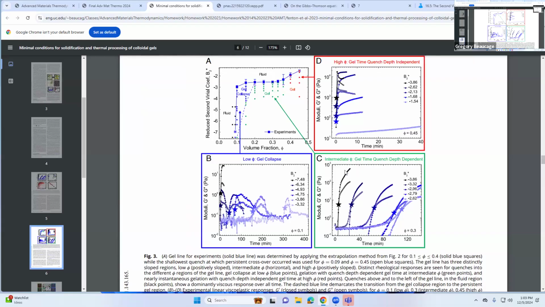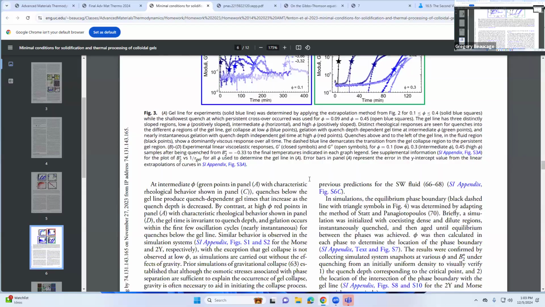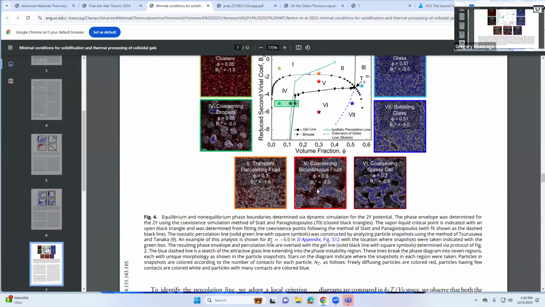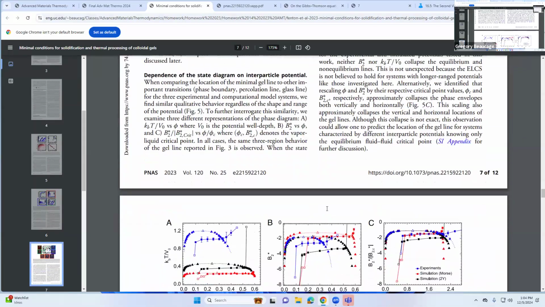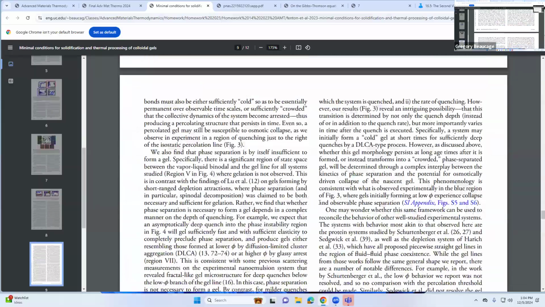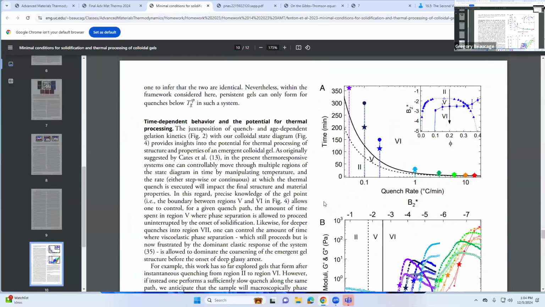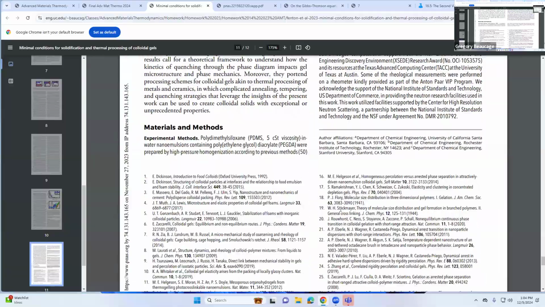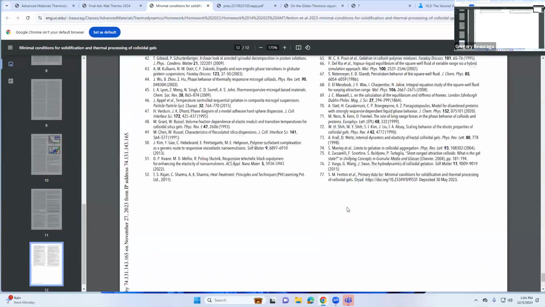So here, when you're in this region, it's at a fixed... no, let's see. For the glassy arrest one, something's constant. I don't remember what. There's a bunch of things in the appendix here.